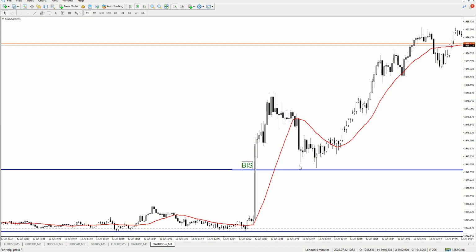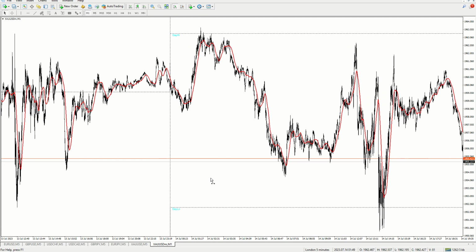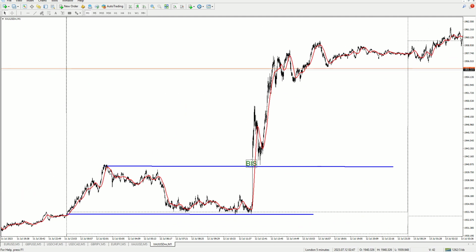We have breakout traders, the people who jump in immediately when the market crosses this consolidation. This consolidation took place from the Asia session. This is Asia's high, this is London's low, so this is our consolidation. When the market breaks out, we have breakout traders jumping into the market and going up. And other people will tell you to open two brokers.